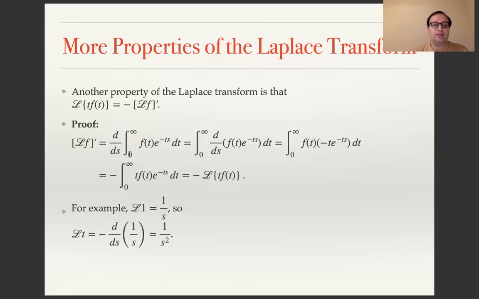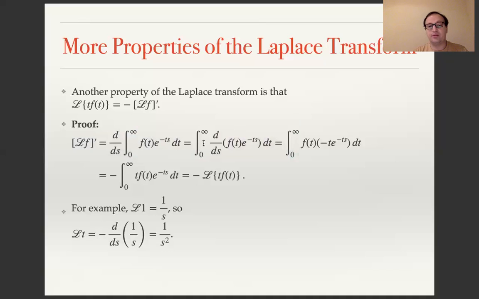So since the integration limits do not depend on s, and since the integration variable is t, not s, then under some reasonable assumptions on f of t, we can interchange the derivative and the integral. So the derivative of the integral is equal to the integral of the derivative in this case.